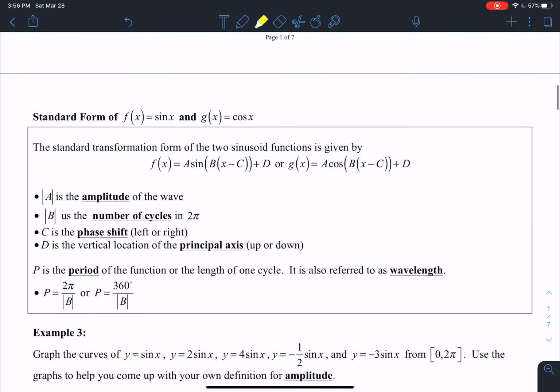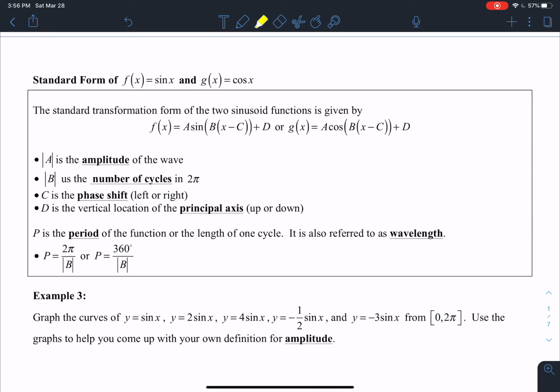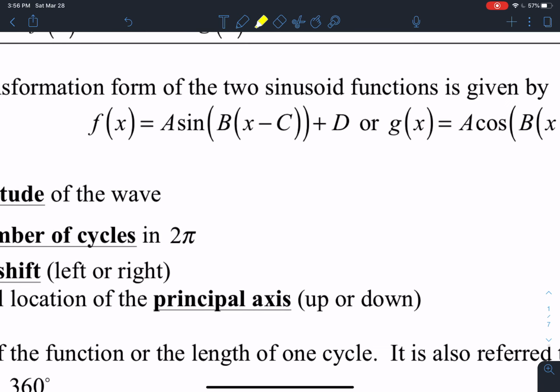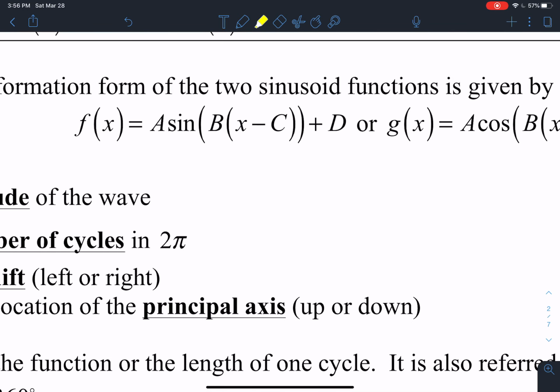Now at the top of the next page, these are just standard transformations, the standard form for sine and cosine. We've done this since day one.